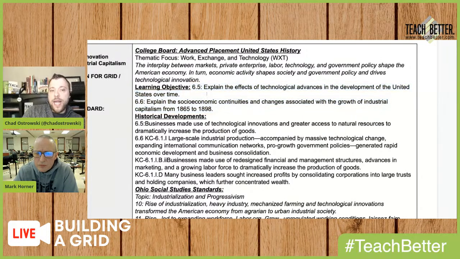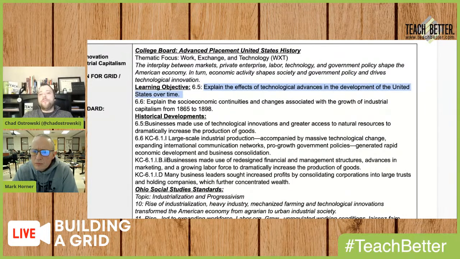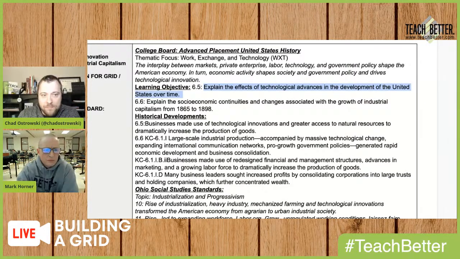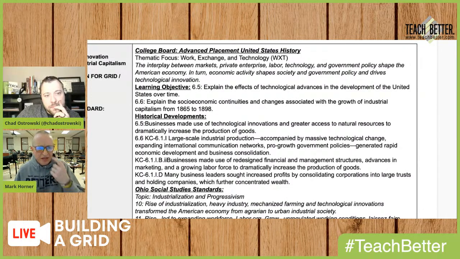So let's take a look at explain the effects of technological advances in the development of the United States over time. So do you have an idea of maybe the DOK level you think this might be, Mark? So I'm thinking that it's going to be level 1 in the sense that the key vocabulary of the section, just understanding the inventions and the advancements that were made.